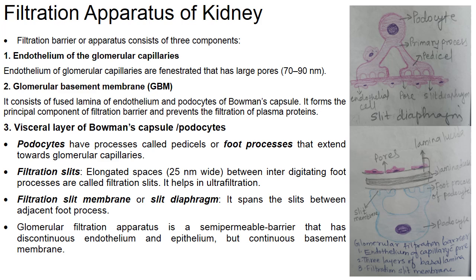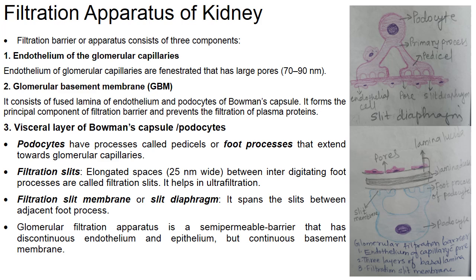Then the basement membrane of the glomerulus has fused lamina of endothelium and podocytes of the Bowman's capsule, and it forms the principal component of filtration barrier and it prevents the filtration of plasma proteins. Then the third layer is again important. It is visceral layer of Bowman's capsule and it's lined by podocytes.